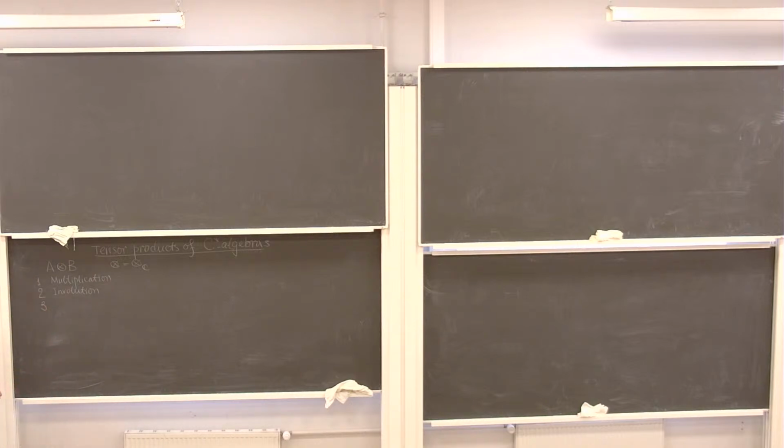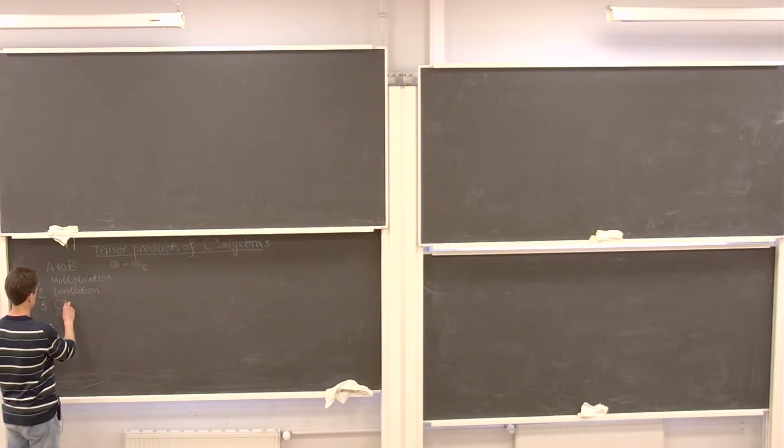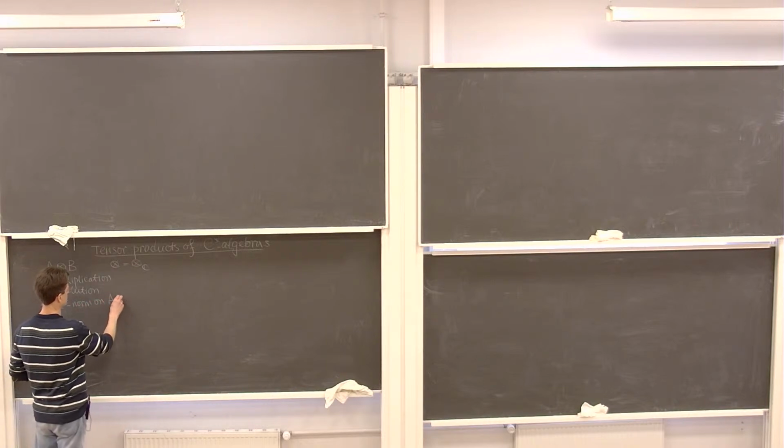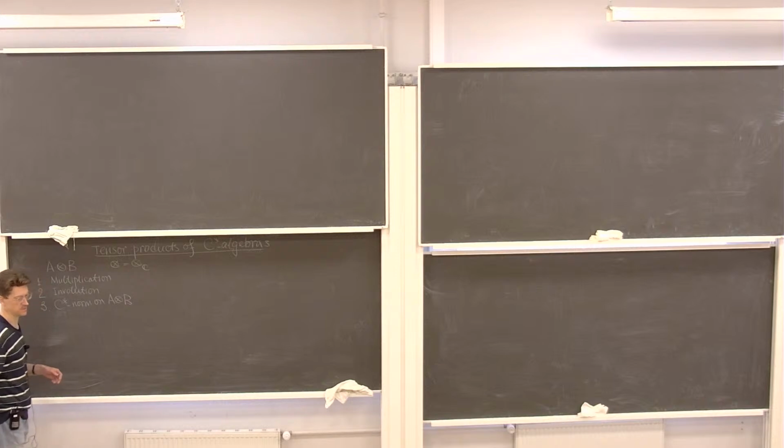The second step is to equip the tensor product with a C-star norm. That is, with a norm which satisfies the C-star axiom. And this is rather non-trivial. In fact, we will see that there are at least two natural ways of doing this.